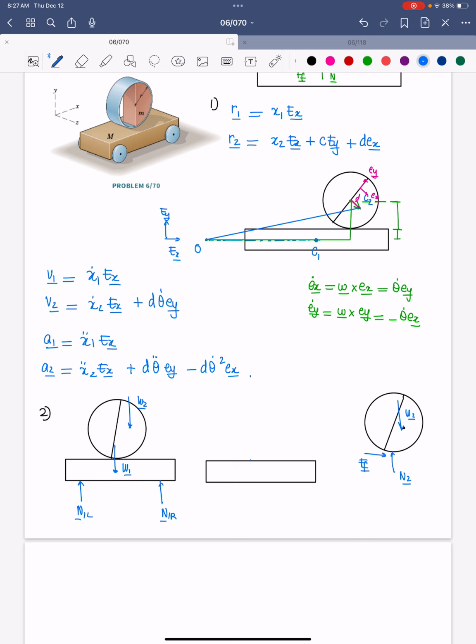Then on the cart we have the minus normal force here, minus the friction force, and the weight 1, and the normal forces on the cart wheels, one left and one right. Okay, awesome. So this combined system is equal to the other two systems.